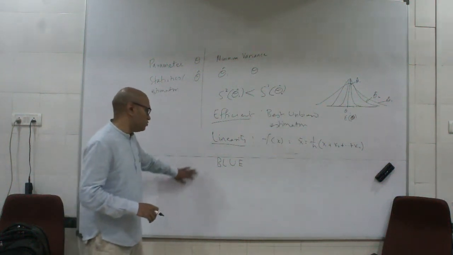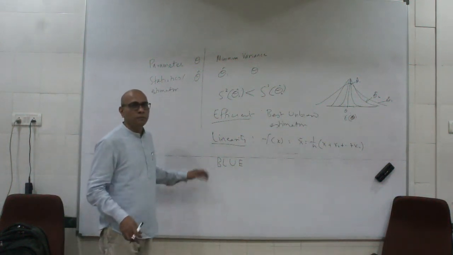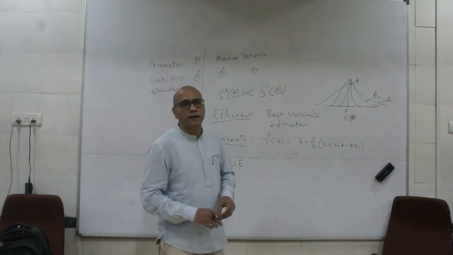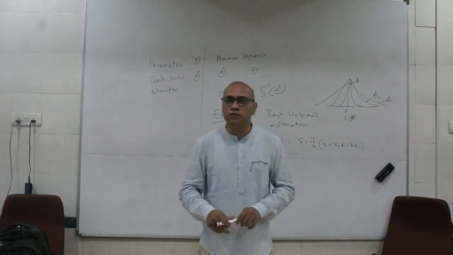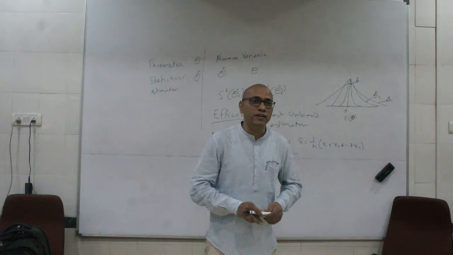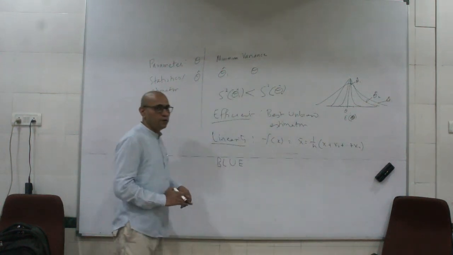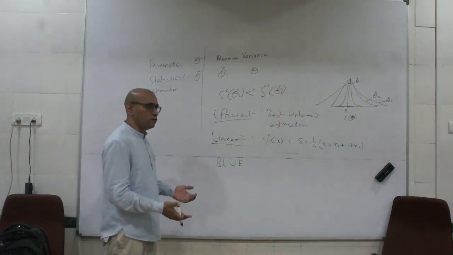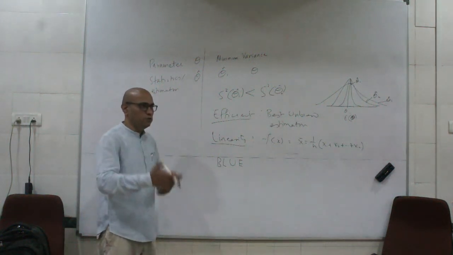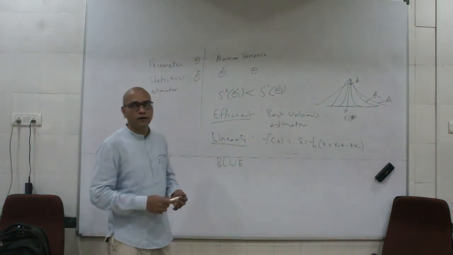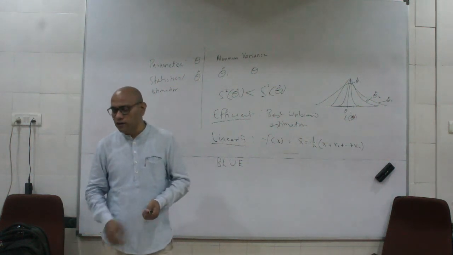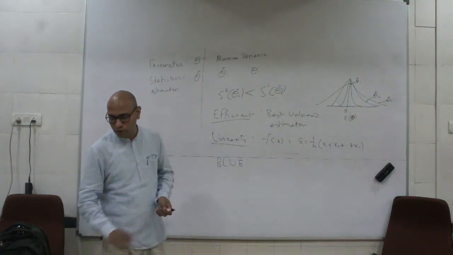We look for BLUE estimators. Say for example, our OLS, ordinary least squares estimator of the regression line, is a BLUE estimator. When we take OLS estimators of the regression line, which we will do as we go ahead and look at regression, those estimators are BLUE estimators.